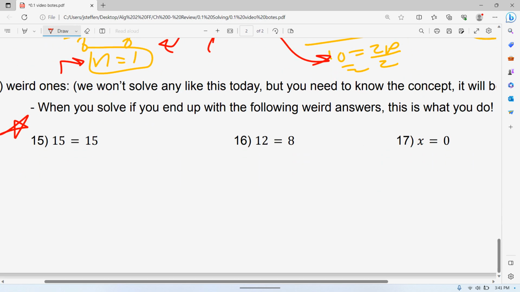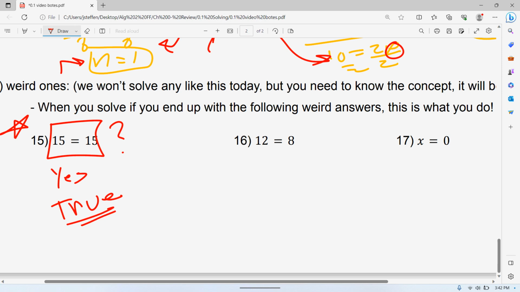So if you ever solve a problem and you end up with all your variables canceling, whether they're x's or a's or w's or n's or p's, if all your variables cancel and you end up with something like this, 15 is equal to 15, there's no variables left, so you have to ask yourself, is this actually true or is this false? Is 15 equal to 15? Yes, it's true.